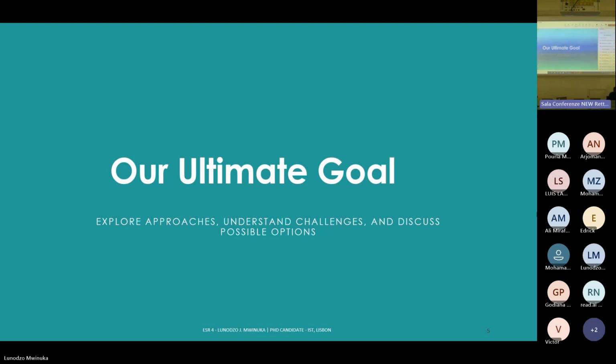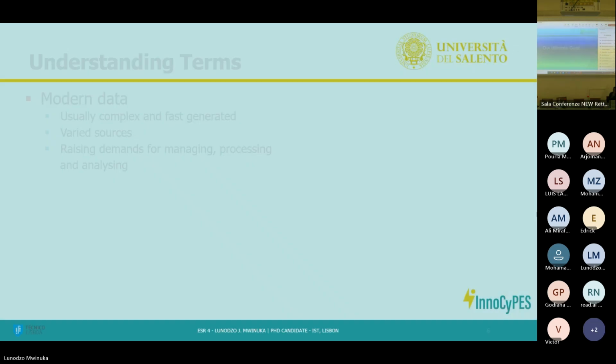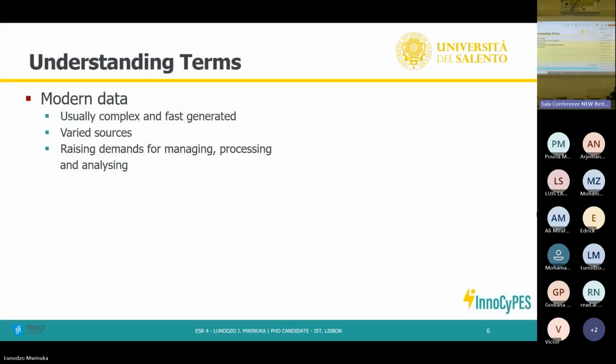Now let's get to understand the basic terms. We have already started to discuss data, and now there is a rising term: modern data. What is this modern data? We usually mean the data that we are currently generating, considering the tools and machines that we have, and the number of devices that we are connecting to the internet.